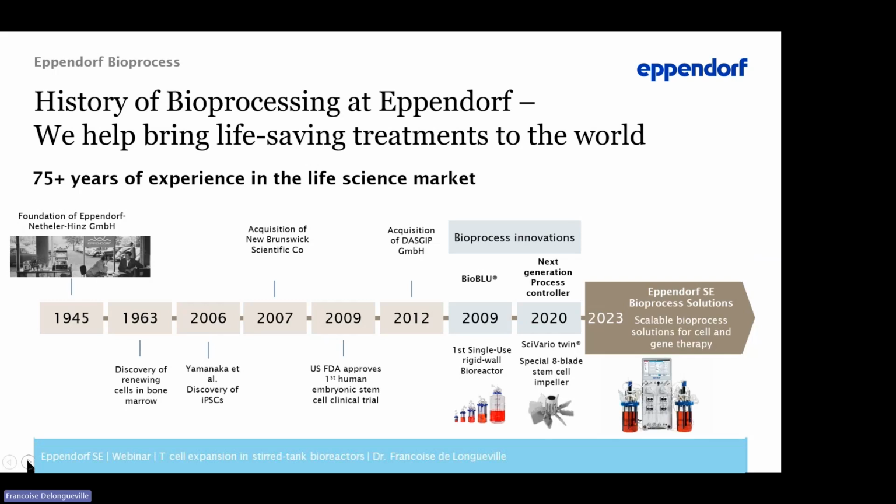In 2009, the first clinical trial with embryonic stem cells was approved by the FDA. It showed the importance of closed, robust, and reproducible systems. Now, in 2024, we are really focusing on cell and gene therapy.